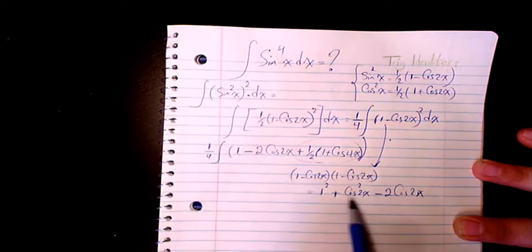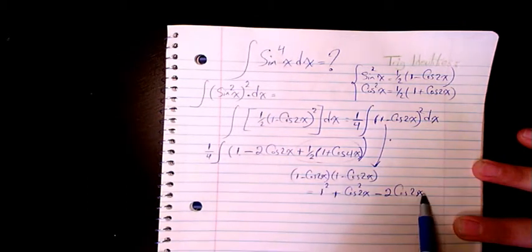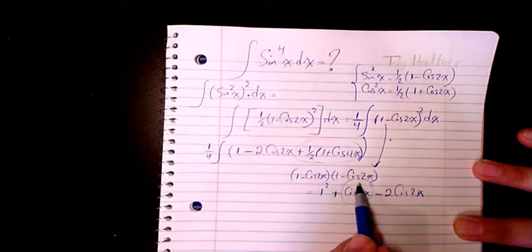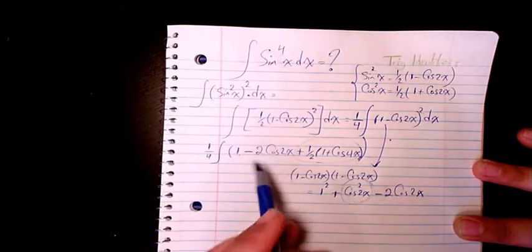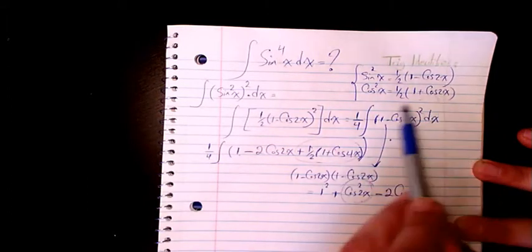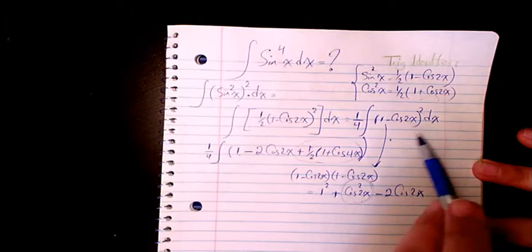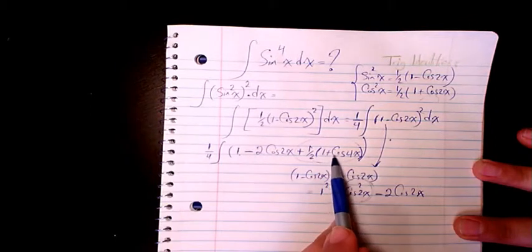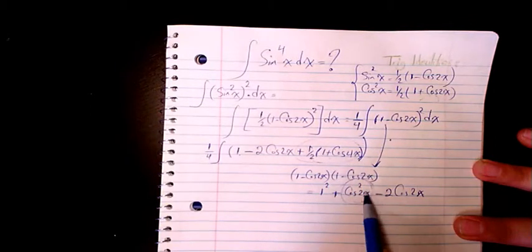So we have 1 minus 2 cosine 2x, and then here we have cosine squared of 2x, which makes it 1 over 2 times 1 plus cosine 4x, according to the formula we had earlier in this video. So cosine squared 2x will be 1 over 2 times 1 plus cosine 4x, because it's going to be double of this expression here.